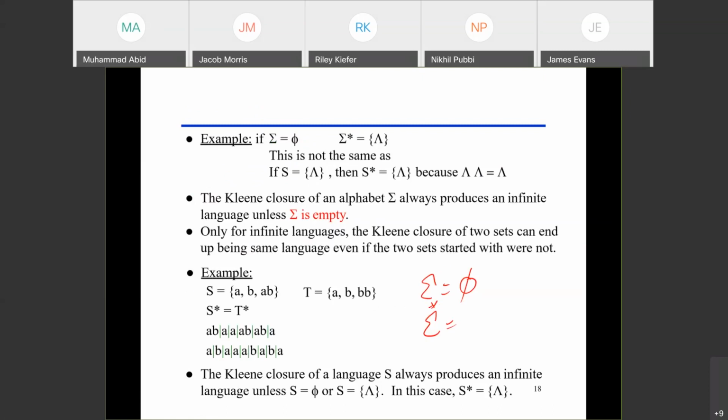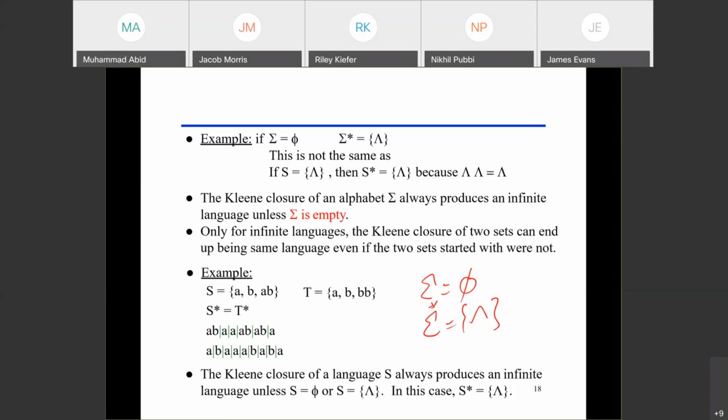But when you apply Kleene star, regardless of whether you have lambda here or not, it will bring lambda. So this is what it is saying: if you have summation equal to phi language and then you apply the Kleene star of that, this will be equal to lambda, because Kleene star by itself will bring lambda.